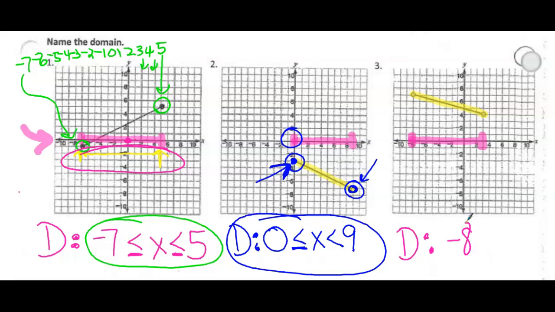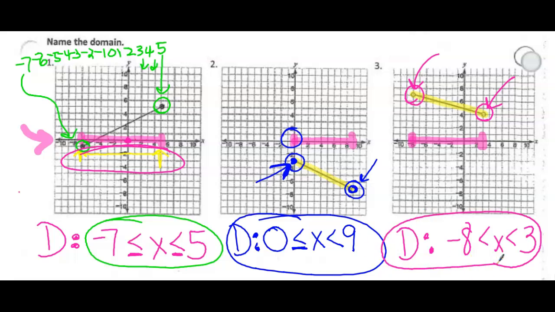I skip a space. I put in X. How far right does it go? It goes to 3. Then I pay attention to it: there's an open circle on the right and an open circle on the left, so I'm not putting a line under it. And I'm going to put a less than sign. And you just did your first 3 continuous graphs finding the domain, but there's still more, and it's going to change.